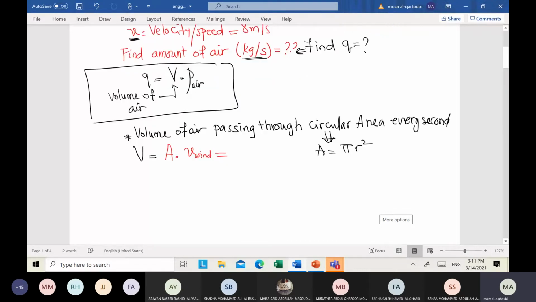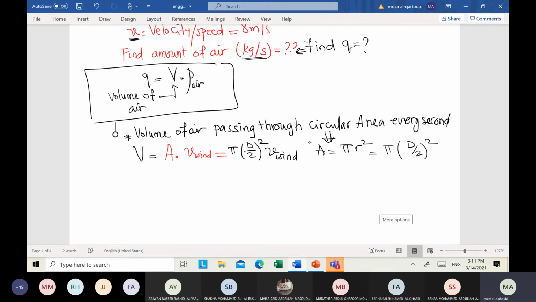But because the diameter is given, it will be pi times (d over 2) squared. So the area is pi times d over 2 squared, times the velocity of wind.